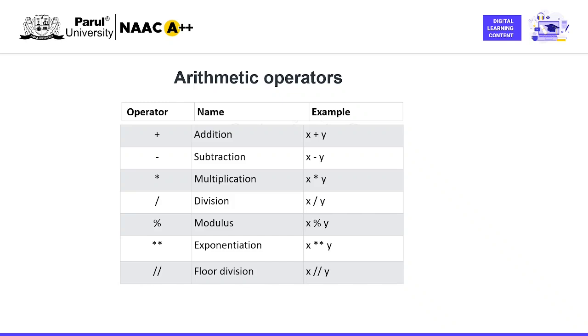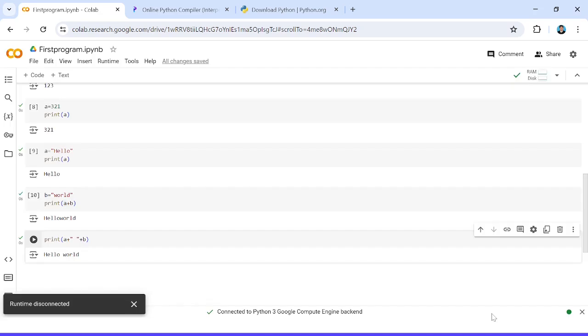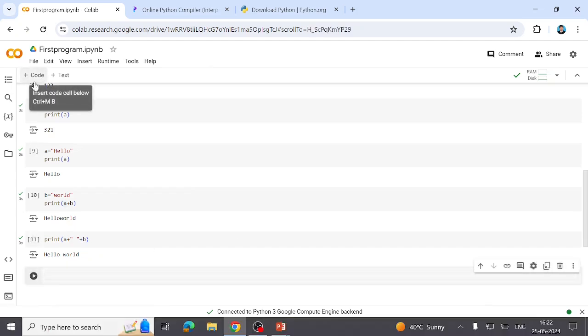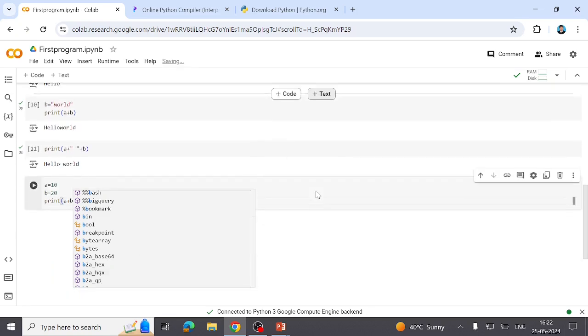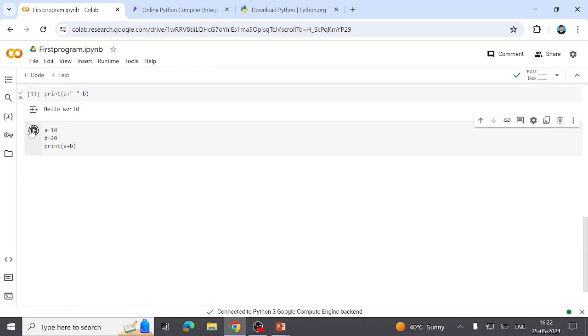Suppose you want to perform an operation, like a equal to 10, b equal to 20, and you want to print a plus b. Now run the program.